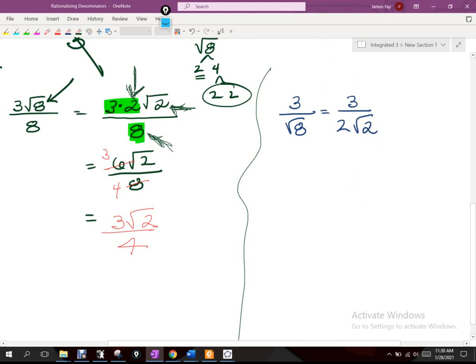Now what is the radical component on the bottom? What's the radical part on the bottom that's throwing us a fit here? It's the radical 2, right? And that 2 out front is already a rational number, so you don't have to do anything with it. Okay, it's the radical 2 that's giving us issues.